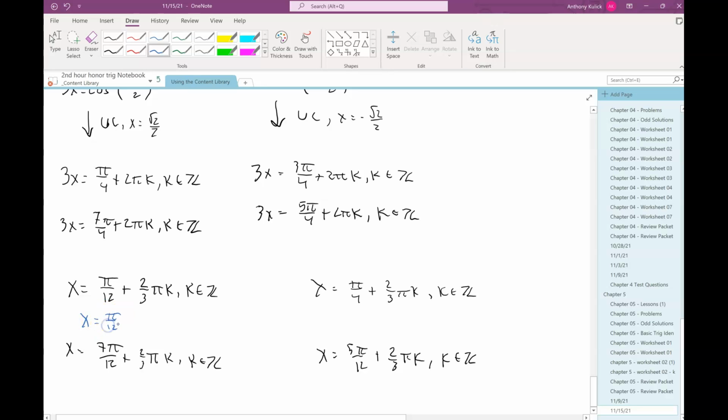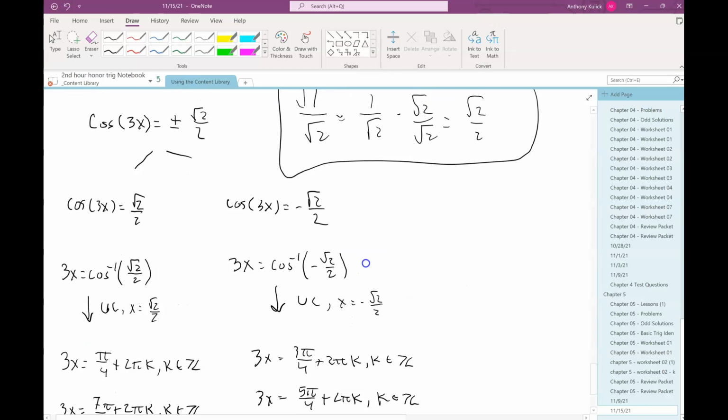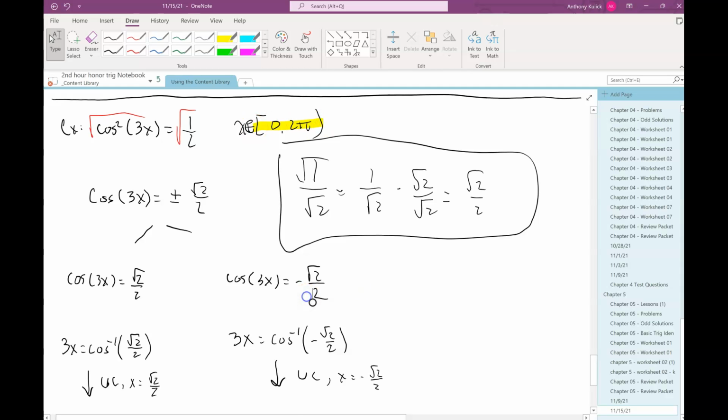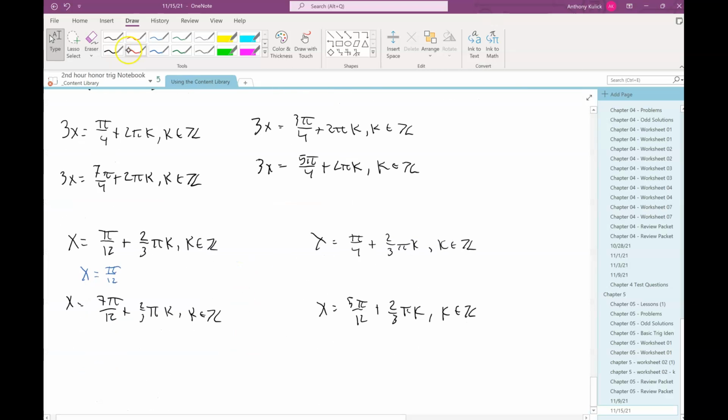So pi over 12, that's my base solution. If I subtract 2/3 of pi from that, I'm going to get a negative, which is no good because the interval I'm solving over is 0 to 2 pi, so I don't want any negatives. So I only have to worry about adding. If I add 2/3, that's 8/12 with a common denominator. Everybody's okay with that? So I'd have 9/12 pi.